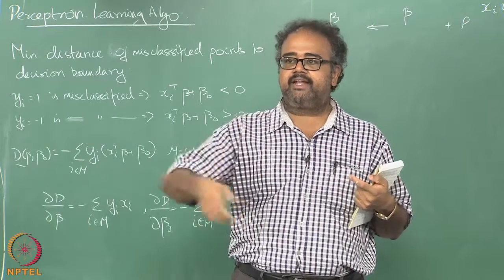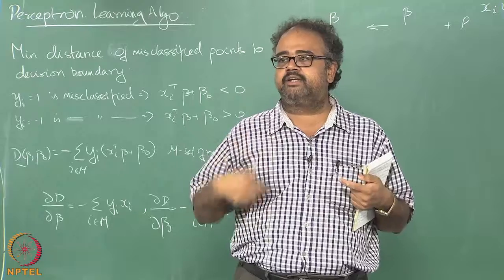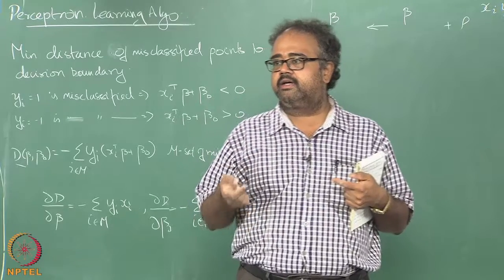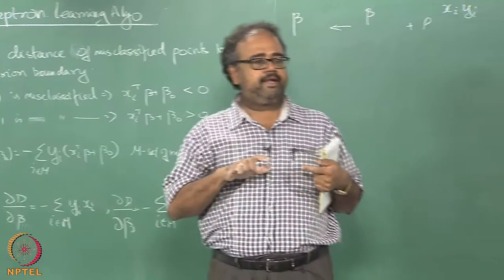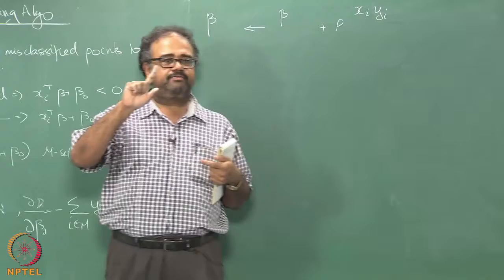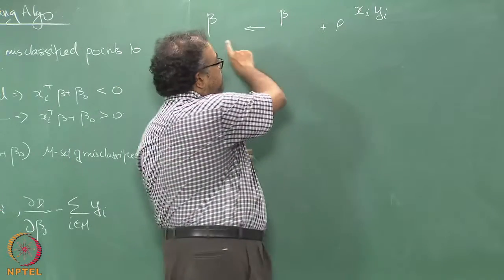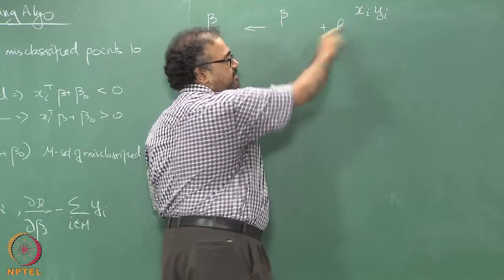I am not going to wait till I find all the misclassified data points under that particular beta. For the current beta, I will find one misclassified data point and then change my beta in the direction of the gradient.